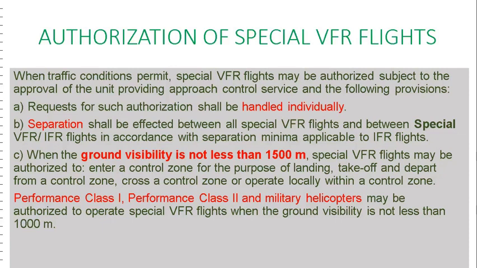The controller can authorize these to operate special VFR when ground visibility is not less than 1,000 meters. So below 1,500 meters special VFR is also allowed, but only for these three cases.